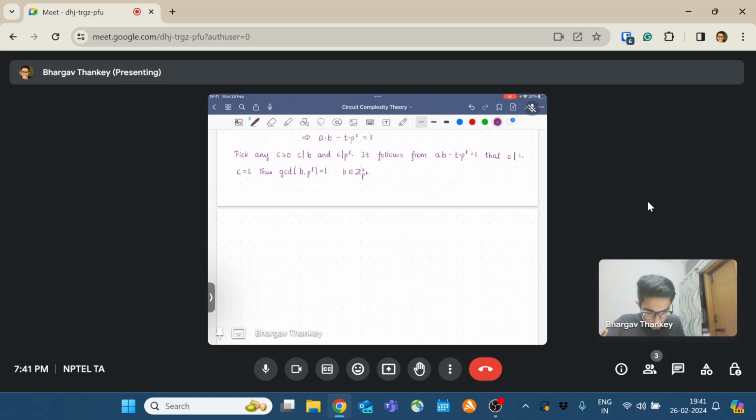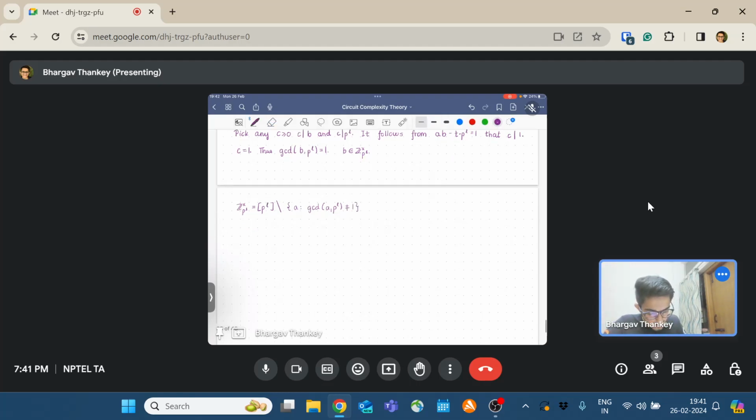Yes. So Z cross p to the l is equal to the set 1 to p to the l minus the set of all a such that the GCD of a and p to the l is not equal to 1.